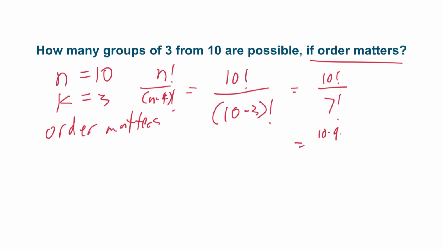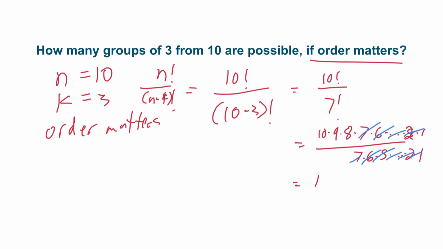And again, I can play this game of trying to cancel common factors out at the top and bottom. So 10 times 9 times 8 times 7 times 6 down to 2 times 1. And I see that everything on the bottom cancels with something on the top. And I'm just left with 10 times 9 times 8, which is 720. Okay?